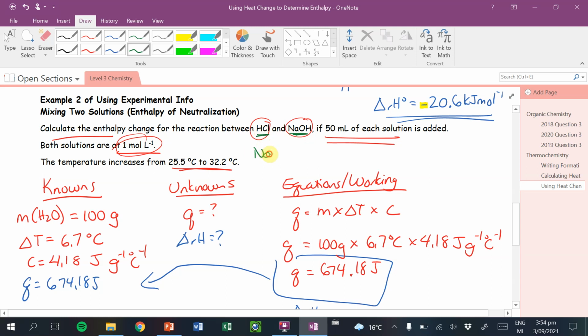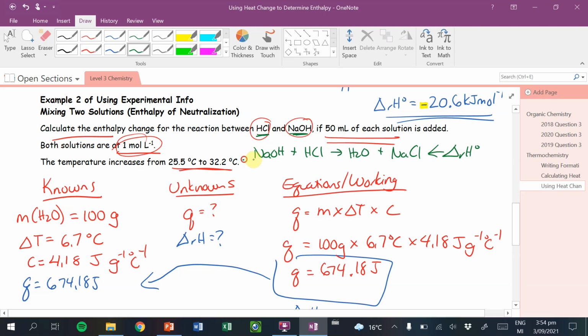So I'm thinking about sodium hydroxide plus hydrochloric acid forming water and salt. So that is what I am thinking about, and that's what I want to figure out as my delta H value. So basically, we now need to figure out how many moles were involved in that reaction.